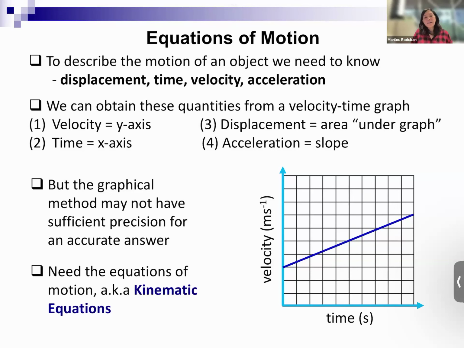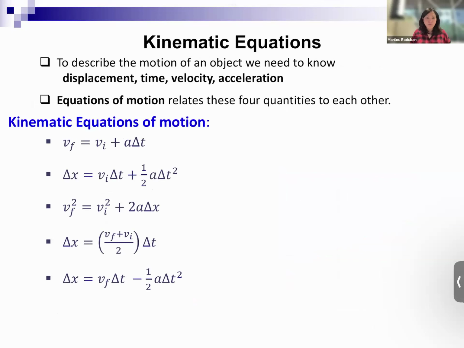So there's another way of determining different kinematic variables that describe an object's motion, and these are called kinematic equations. The kinematic equations are actually derived from the motion graphs. We will not do the derivation in this course. If you're interested in looking at the derivations, you can always refer to the textbook.